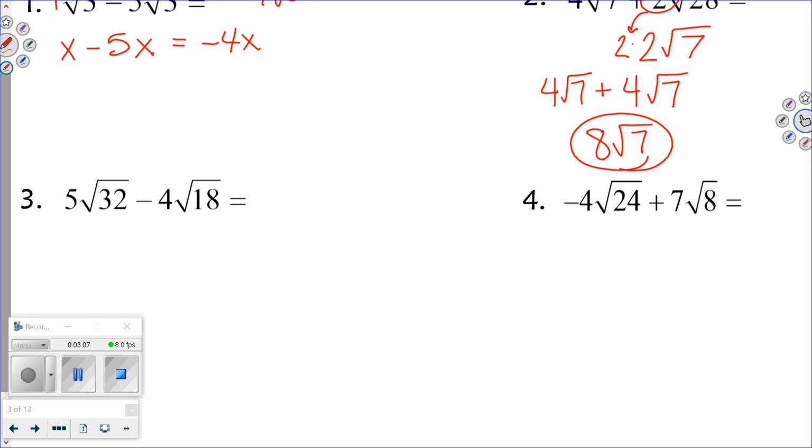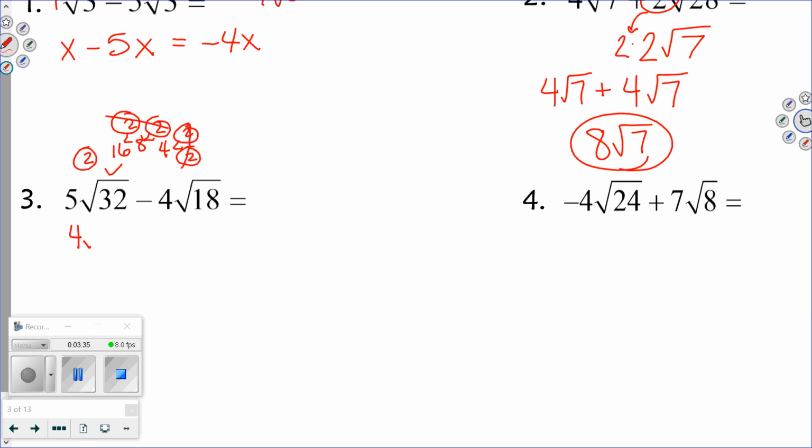So number 3, right now I have a radical 32 and a radical 18. They're not the same. So we need to simplify them. 32, so 2 and 16, 2 and 8, 2 and 4, 2 and 2, or whatever method you wanted to take. We're going to have a pair of 2's and a pair of 2's, which is 4.